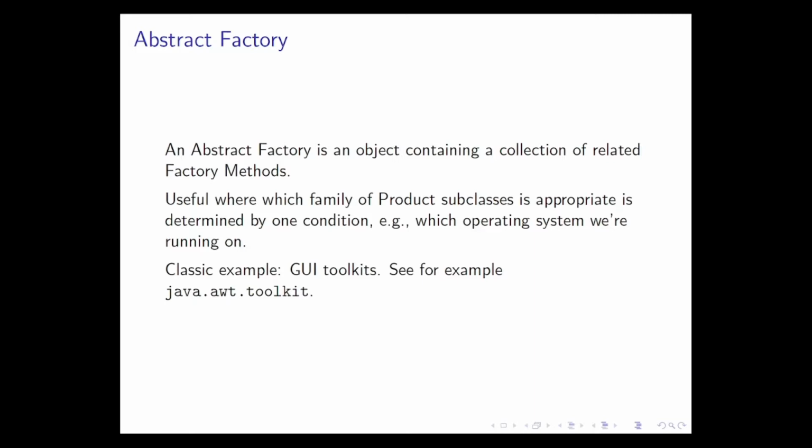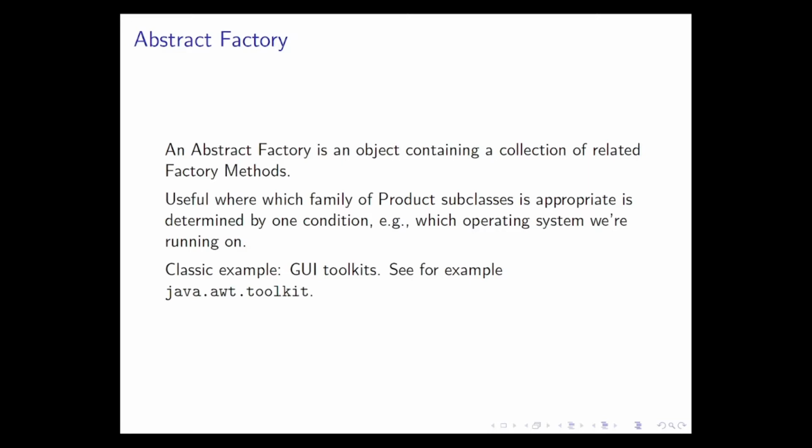So the absolute classic case is where you have a bunch of related classes, each of which has three subclasses, one for each of the three operating systems you support, or one for each of the three different GUI toolkits you support.